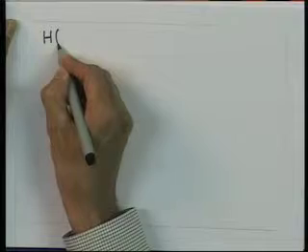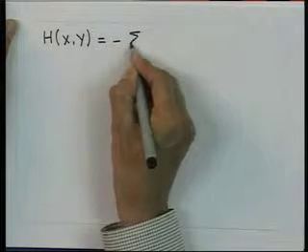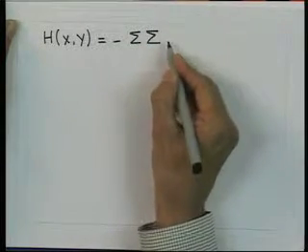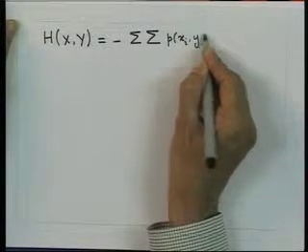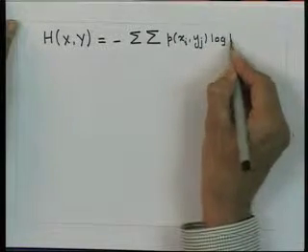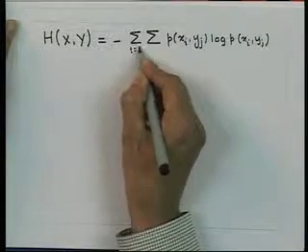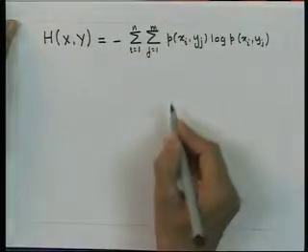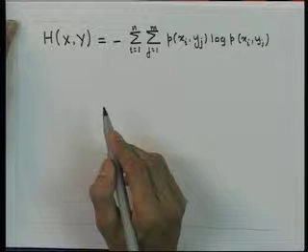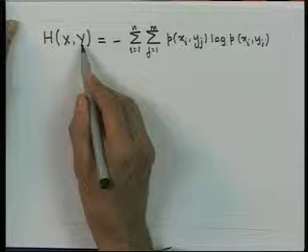The joint information measure was given as h of x, y, summation over i equal to 1 to n, j equal to 1 to m. This was the joint information measure which we define when we have two events taking place simultaneously and we observe them as one.